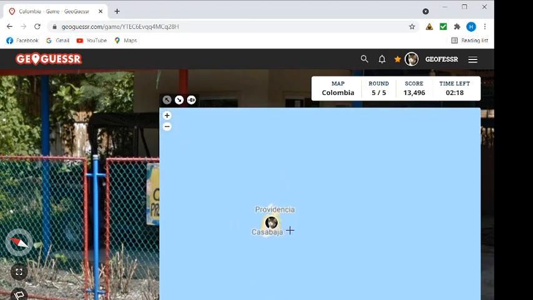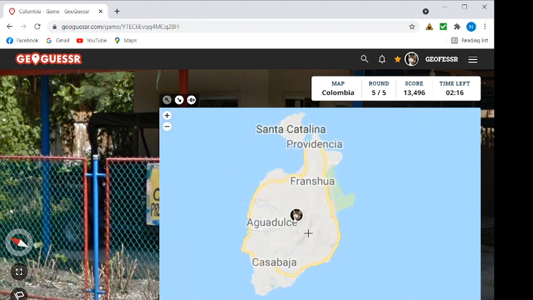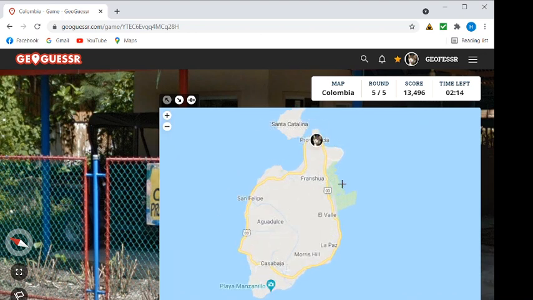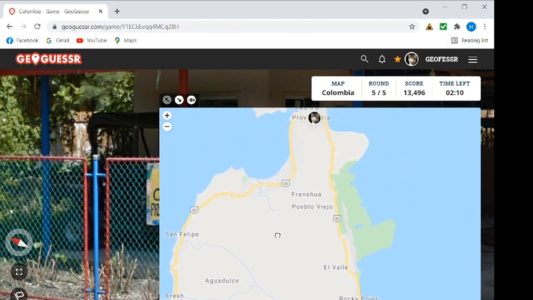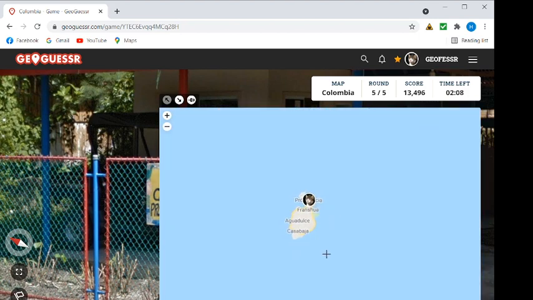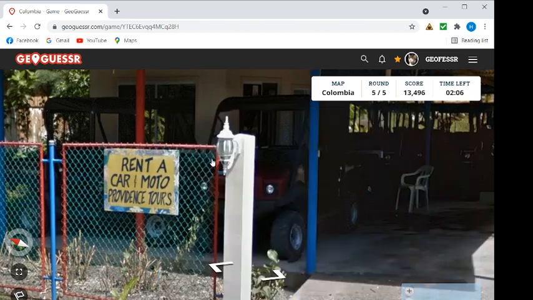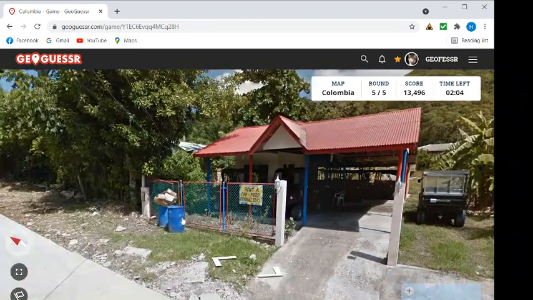Okay, so the sign says Providence, which makes me think of this island, and the people that live on San Andres and Providencia are mostly English speaking.